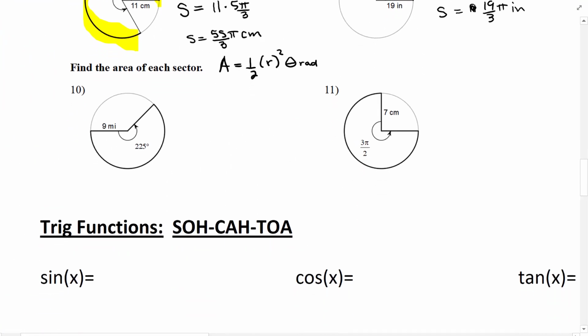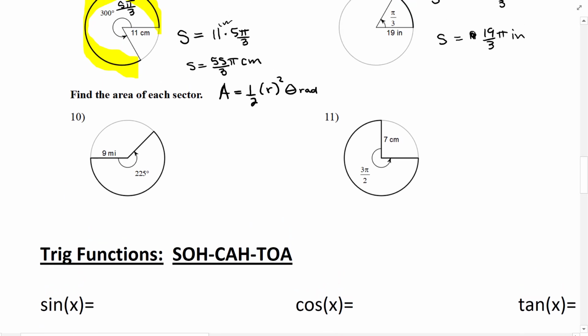All right, so for the area of the sector, here's a different formula. 1/2 times radius squared times the theta in radians. So again, we have 225 degrees. We're going to have to convert that. Well, I know that 45 goes into both of them.